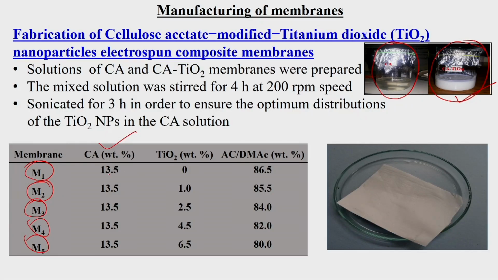so many membranes. Suppose different compositions of cellulose acetate, titanium dioxide and acetone, DMSO are added, and then these are again electrospun to get a particular film like this.